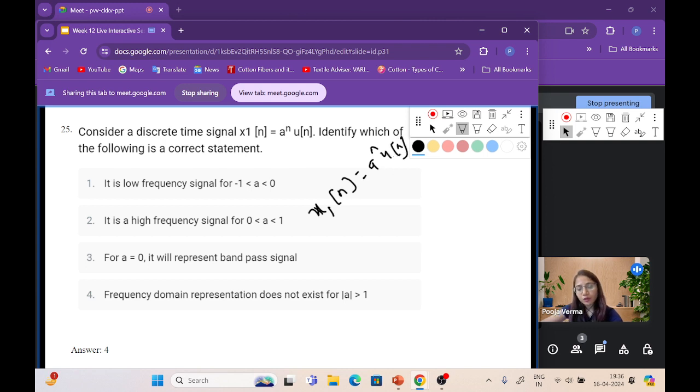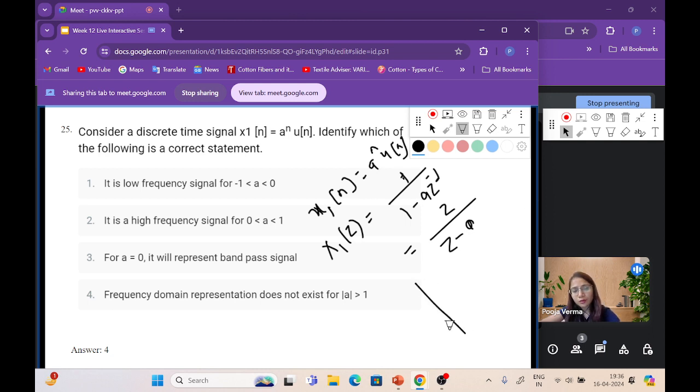So first we need to find out the Z transform of that signal. We know that the Z transform of a to the power n is 1 upon 1 minus a Z inverse. If we further solve it, we can get Z upon Z minus a, right?